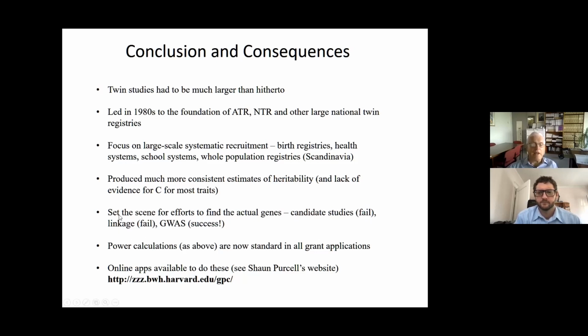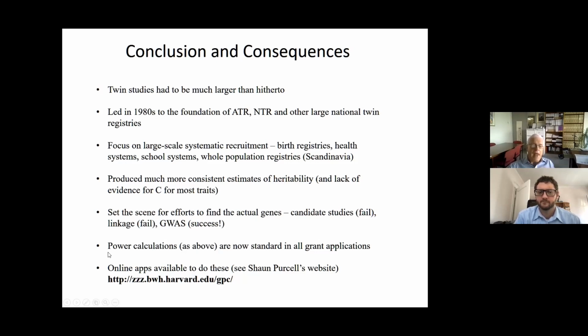Linkage, which many of us, including me, invested hugely in in the 90s, which also one has to say in retrospect was a total failure. And it was the failure of those that actually led to the development of genome-wide SNP chips, which has produced the outstanding success we've seen since 2005. So I do like to think there's a sort of linear progression in all of this, which has been useful.